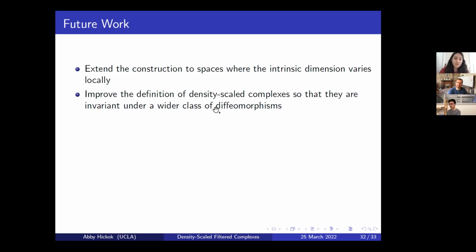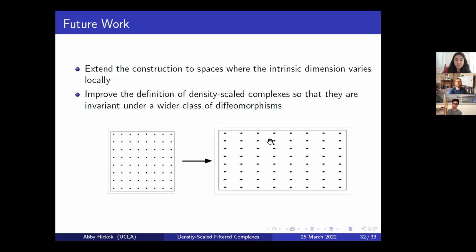But you can imagine a diffeomorphism that stretches your tangent space in certain directions more than others. This is a silly picture here, seeing what happens at some tangent space. Maybe one way of dealing with this would be to use some notion of sample covariance in addition to just density.